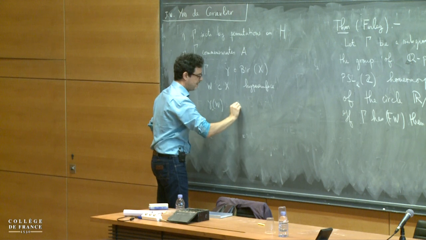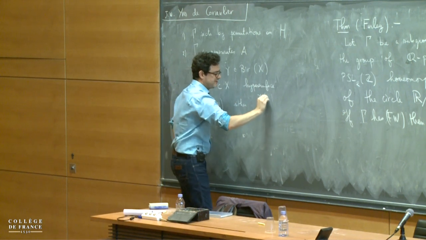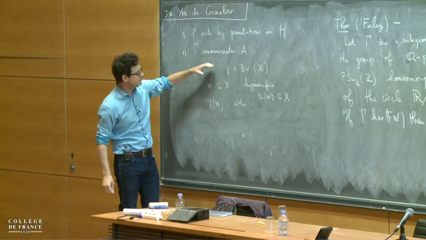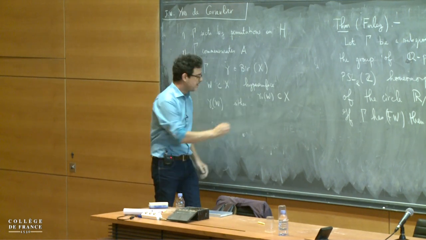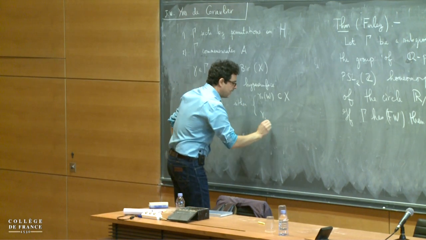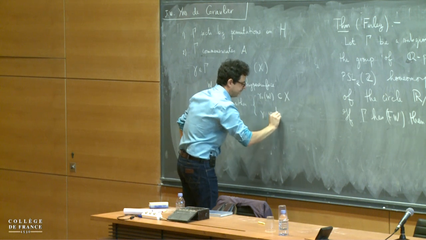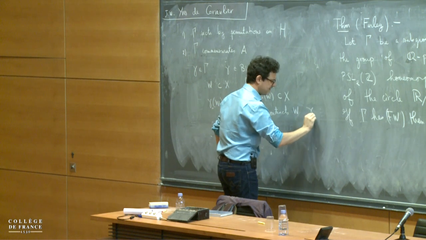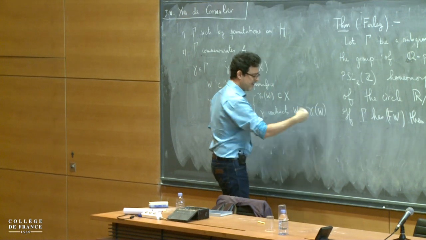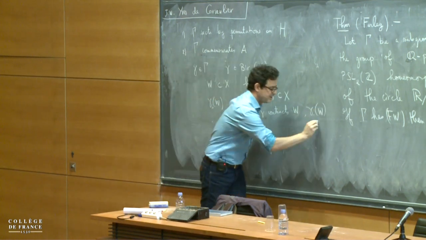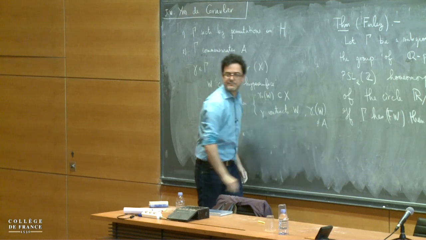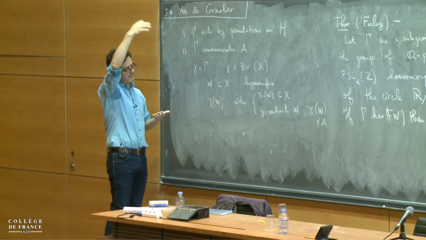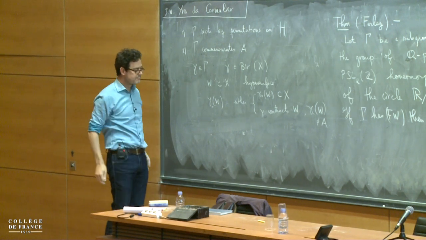Either the strict transform is contained in X, so W is an element of A which is mapped to an element of A, or gamma contracts W, and then the image of W by the action of the group is not in A. It's mapped to a hypersurface which lies in a model of X, but not in X.